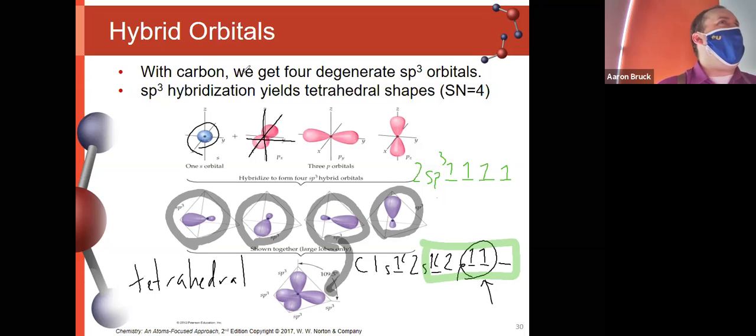That wouldn't yield anything close to electron repulsion minimization. These guys would all be 90 degrees apart from each other. So even if they could interact in a face-to-face kind of manner, they would still be at 90 degrees apart from each other instead of 109.5.